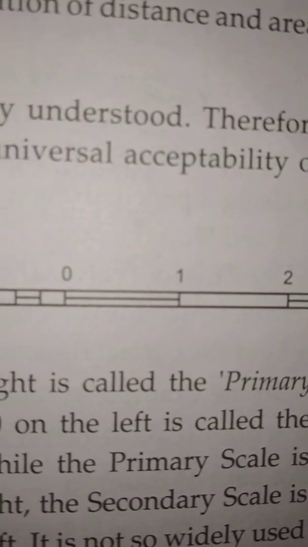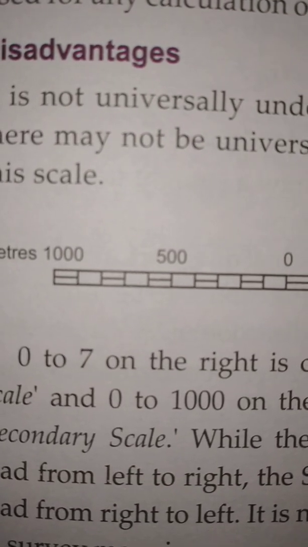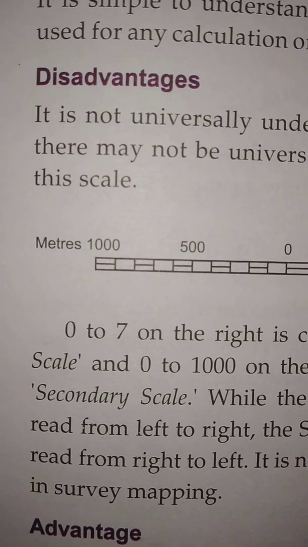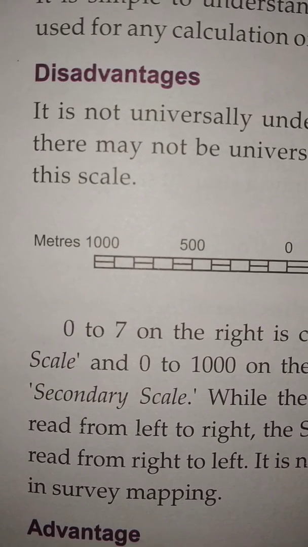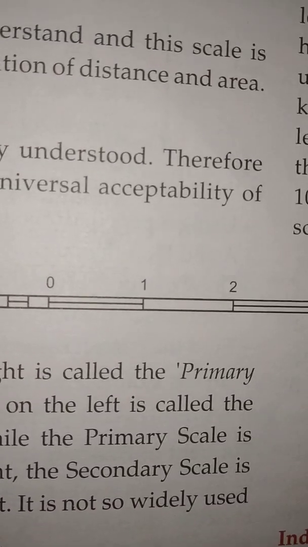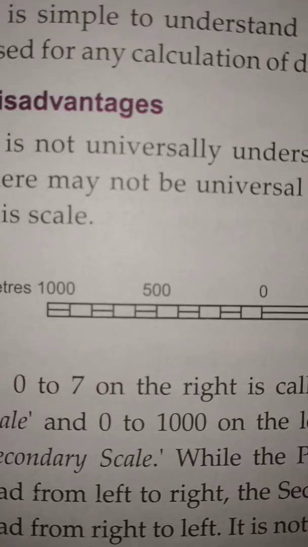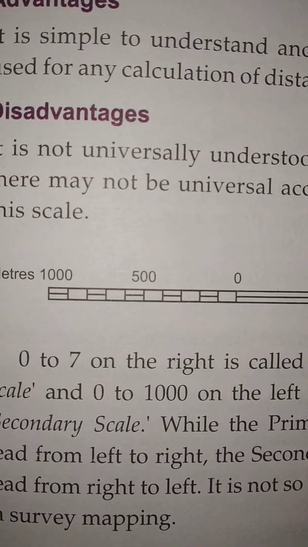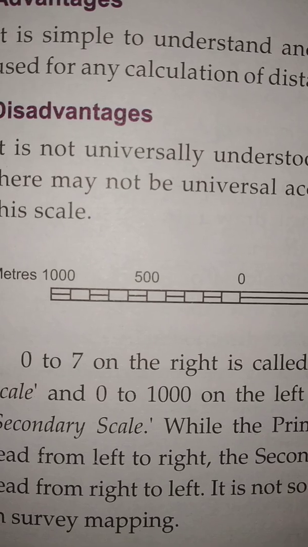On the left hand side towards 0, what is written there? Meters, 1000. Now if the division 0 to 1 or 1 to 2 is 1 kilometer, then this distance is also 1 kilometer, but this 1 kilometer is divided into 10 equal parts.